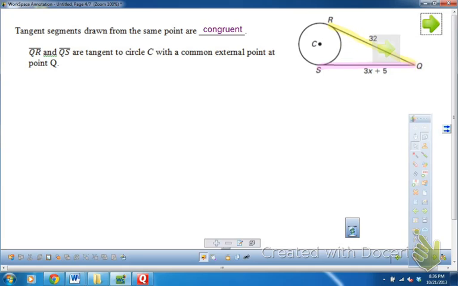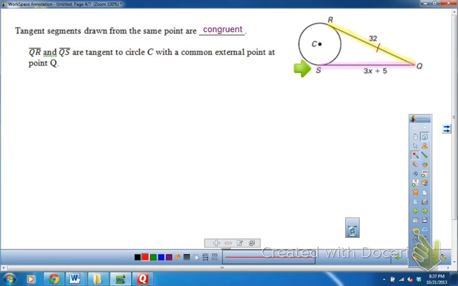So if you have a line drawn from that Q to the tangent point R, and the point Q to the point of tangent S, those two tangent lines will be congruent. So you can solve this simply by setting them equal to one another.